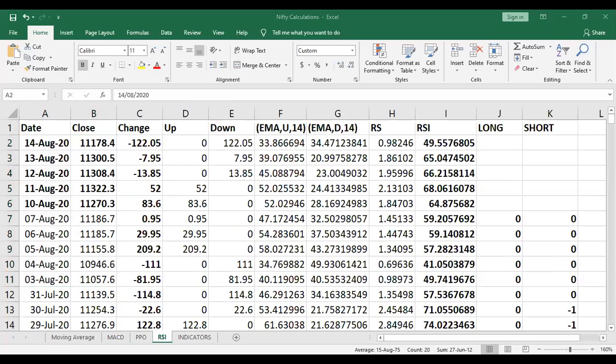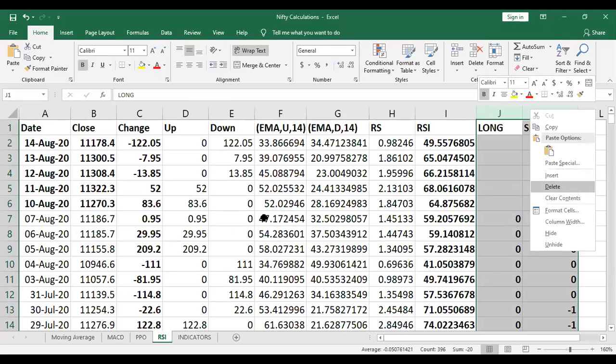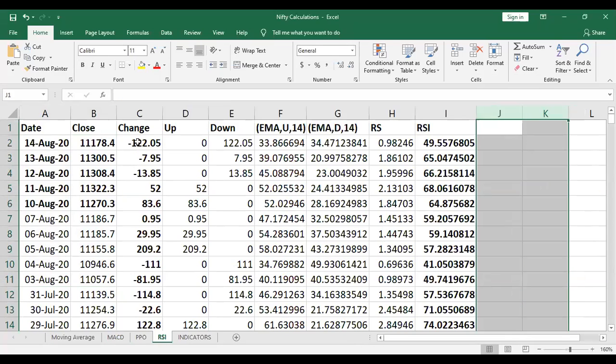Now I will show you how to calculate the RSI, and from the RSI it is easy to calculate the stochastic RSI. For the RSI we require the difference from yesterday's price.